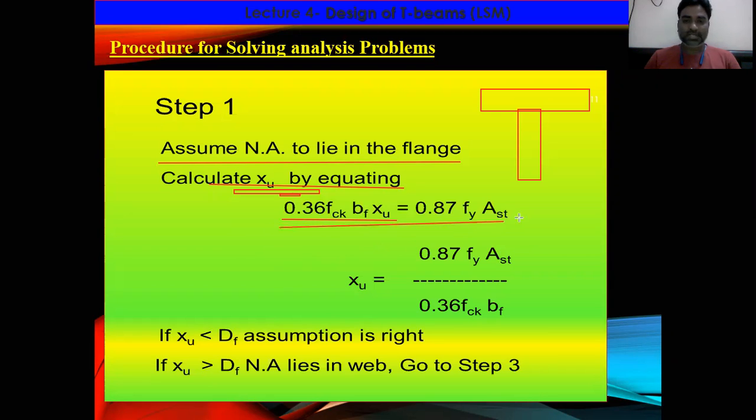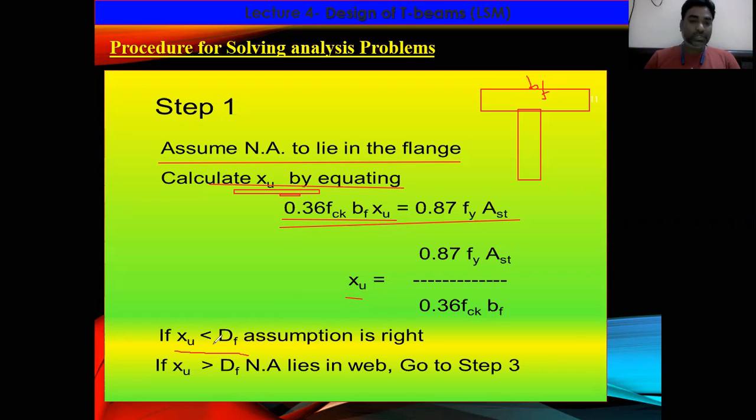So from this equation, you can determine the XU value, that is 0.87 FY into AST by 0.36 FCK into BF, where BF is the width of the flange. This is your BF, right? And check whether your assumption is correct or wrong.